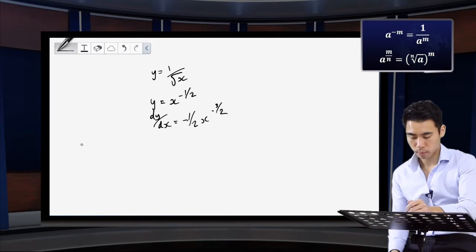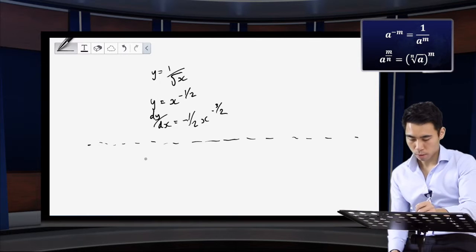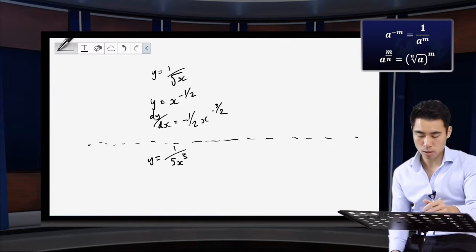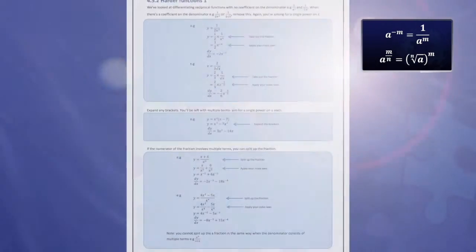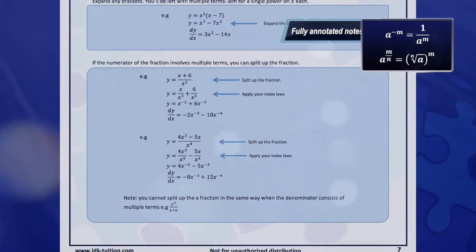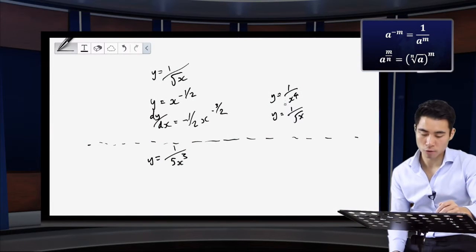Now this one here, if I have y equals 1 over 5x cubed. If you notice how this differs from the other examples that we looked at previously, like y equals 1 over x to the 4, or y equals 1 over root x, there is no number in front of my x.